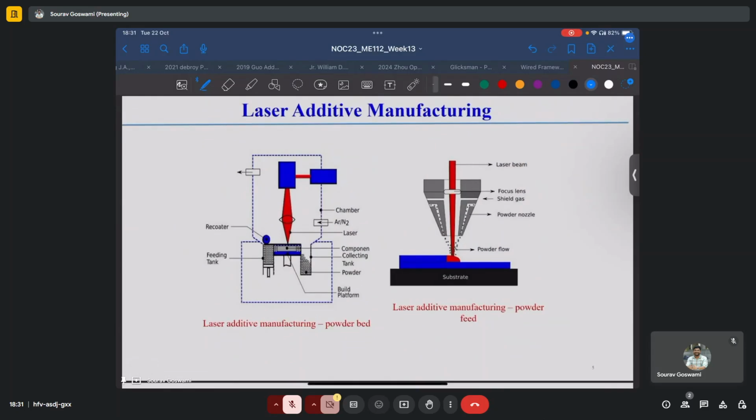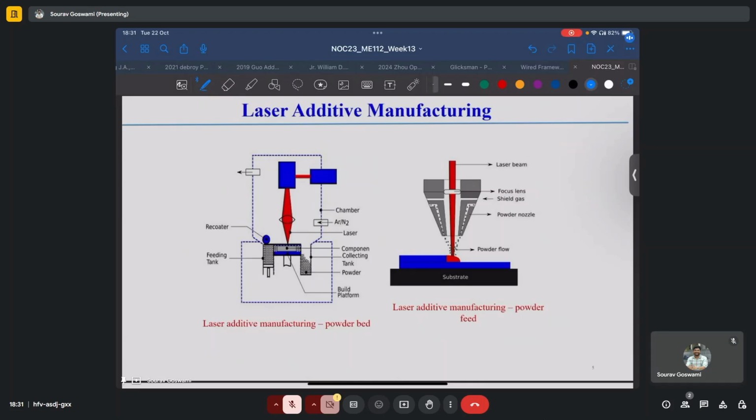Here we also see schematic diagrams of the typical laser additive manufacturing processes. On the left is a powder bed laser-based additive manufacturing setup, where we have our working chamber, we have the laser beam. You also see the inert gas getting purged, which is used to keep the working chamber free from air to prevent oxidation of the powders.